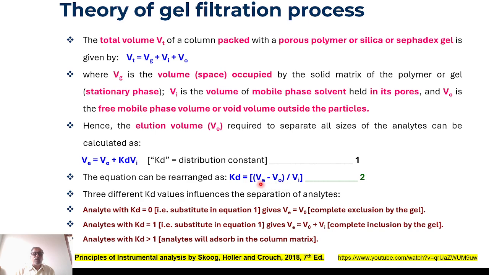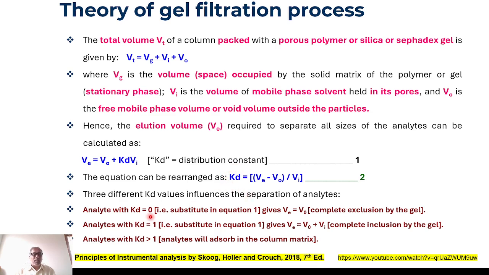So you subtract the void volume from the total elution volume and divide by VI, the volume of the mobile phase which is present inside, and you will get the distribution constant. You can calculate the elution volume, you can calculate the void volume using blue dextran, and you can calculate the volume which is present inside. So this will give the KD value.